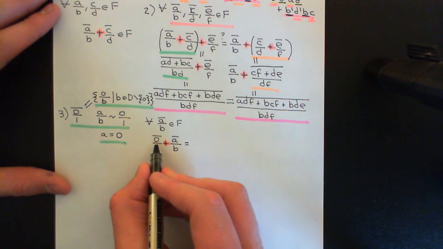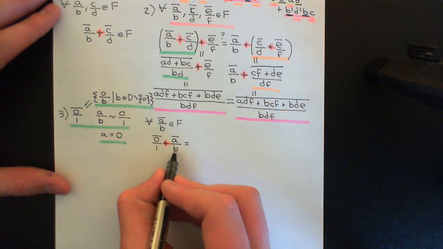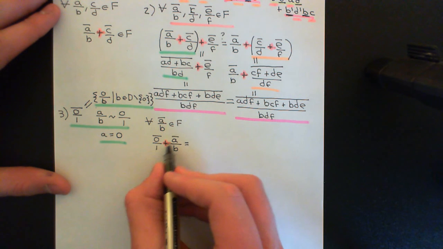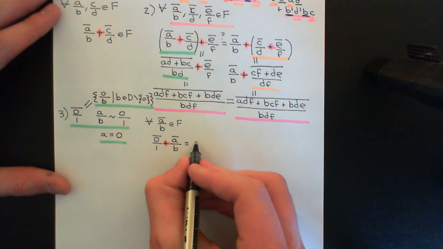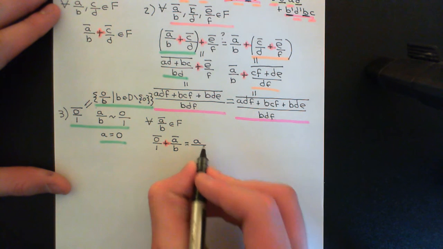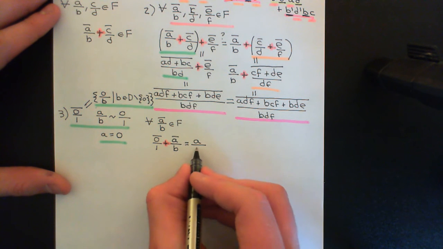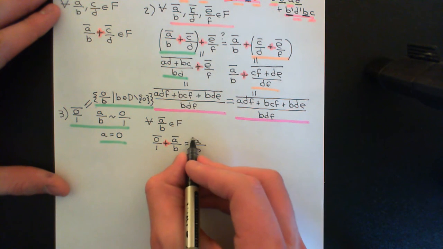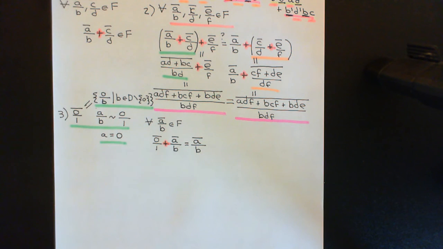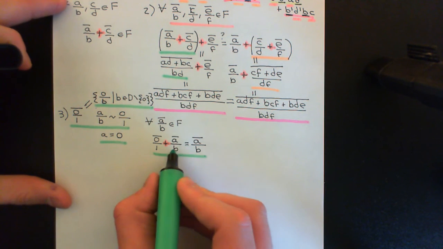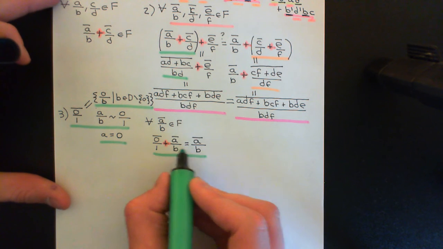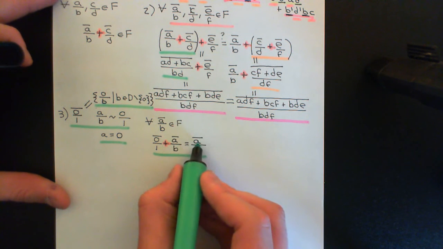Construct the new fraction, so I'll multiply the numerator here by the denominator here. I'll get 0 of course, so don't bother there. Then I'll take the denominator from here, multiply it by the numerator there, I'll get a back again, so the numerator will just be a, and then I'll multiply the two denominators, and of course that'll just give me b. So here I'll take the equivalence class that contains the fraction a over b. Okay, so of course I have taken this equivalence class and added it to this equivalence class and got that equivalence class back again.